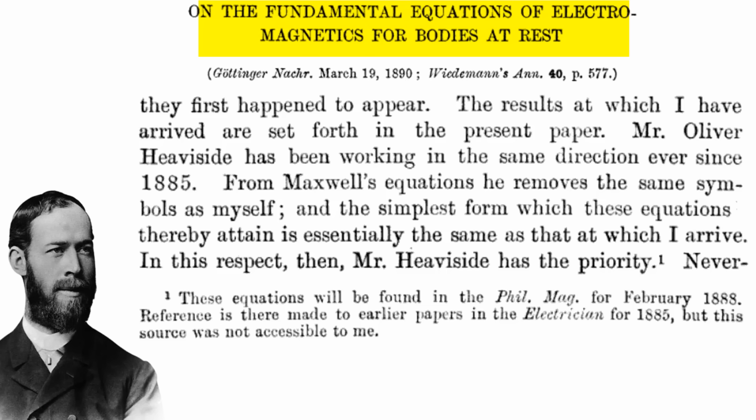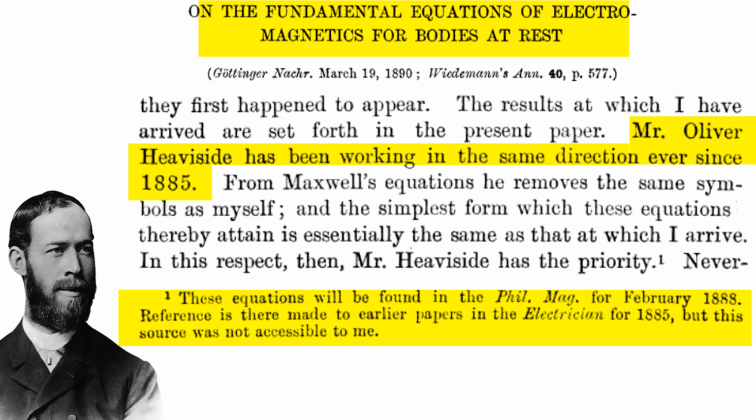In March of 1890, Hertz published his own theoretical paper on the fundamental equations of electromagnetics, where he admitted that "Mr. Oliver Heaviside has been working in the same direction as me ever since 1885," a fact he learned from the Philosophical Magazine from February 1888.